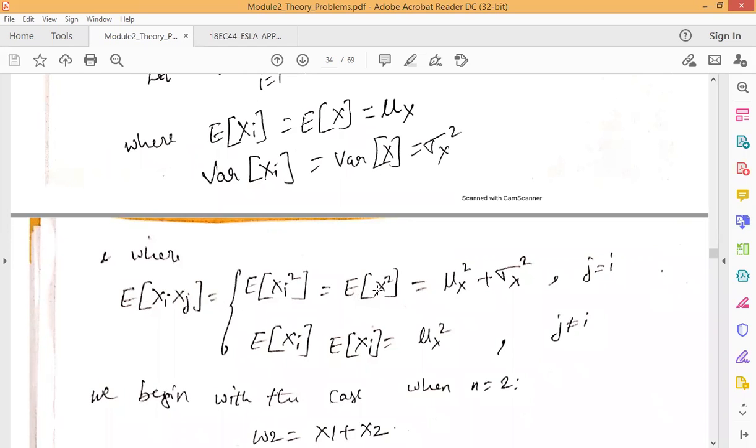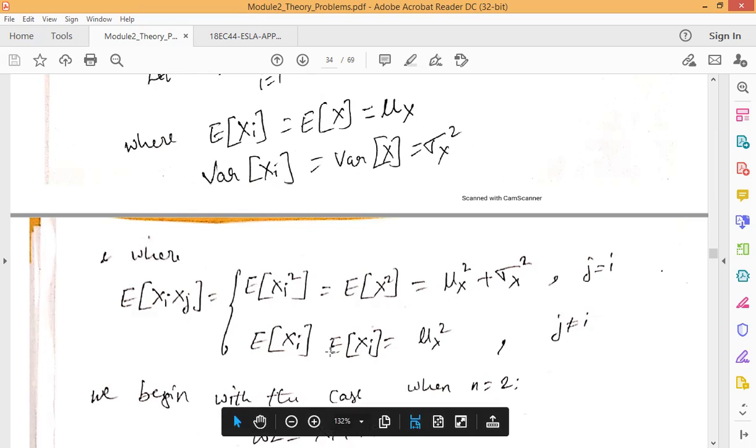As we have already derived, the expectation of the square of the random variable is equal to the sum of the square of the mean and the variance, that is mu x square plus sigma x square. Also, expectation of xi into expectation of xj is nothing but mu x into mu x. As we have seen, expectation of xi is simply equal to mu x, so if you substitute that, it results in mu x square.